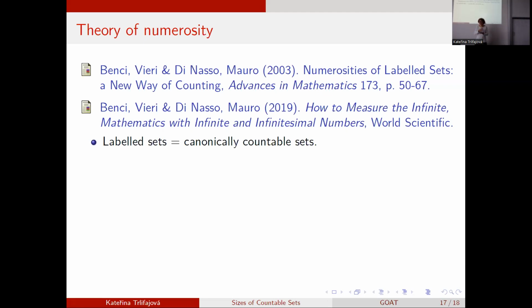They use so-called labeled sets. They are in principle the same thing as canonically countable sets. What is important is that for equality and order, instead of the ratchet filter, they used the ultrafilter. It has its advantages and its disadvantages.